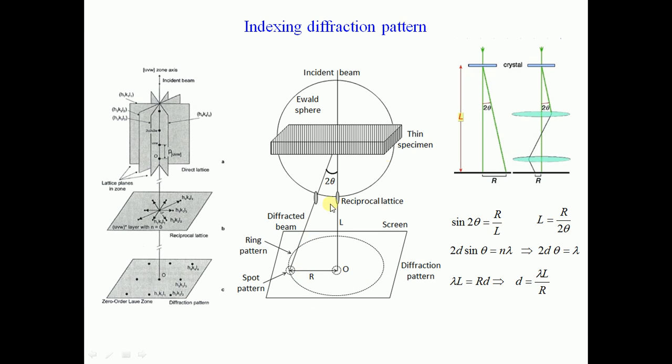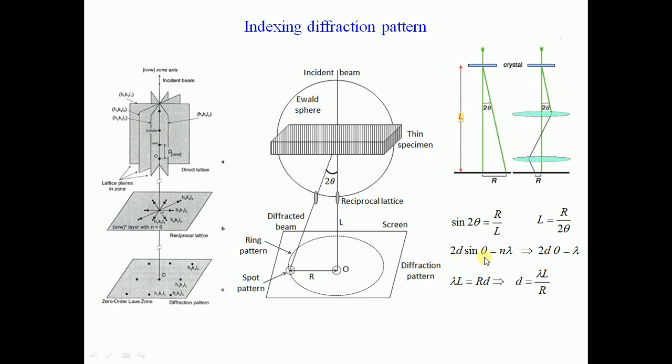And then from the simple geometry, you can see this is 2 theta. So sine 2 theta is R by L, and L can be written as R by 2 theta, because this 2 theta is very small, of the order of 0.1 or so. If theta itself is very small, sine theta is equal to theta, we know. Similarly, here also L is equal to R by 2 theta.